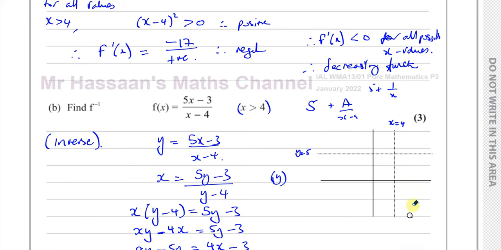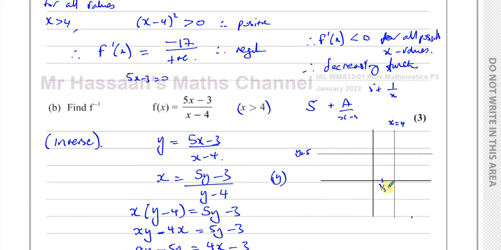And the other clue is in finding the places where it crosses the x-axis and the y-axis. This crosses the x-axis when y equals 0. So when y equals 0, you get 5x minus 3 equals 0, so x is 3/5. It crosses the x-axis at 3/5.